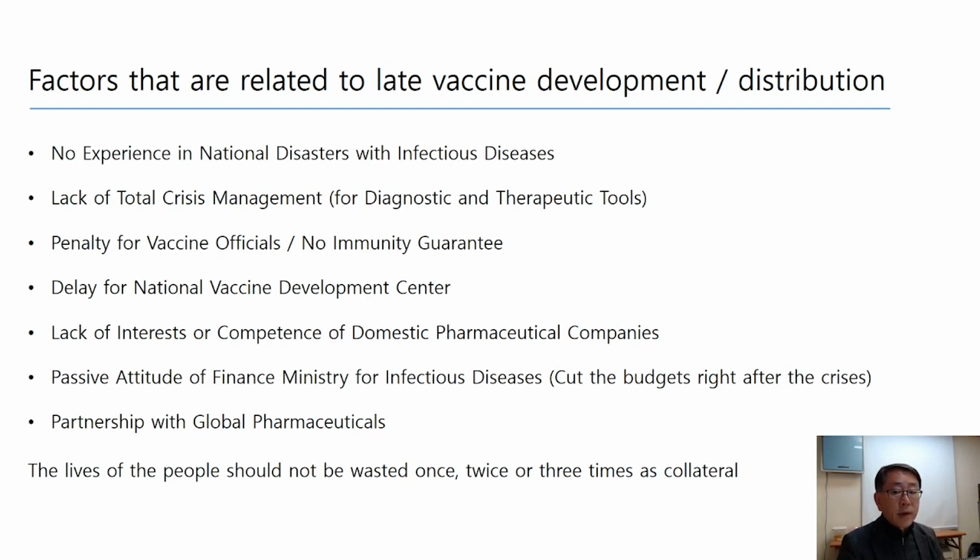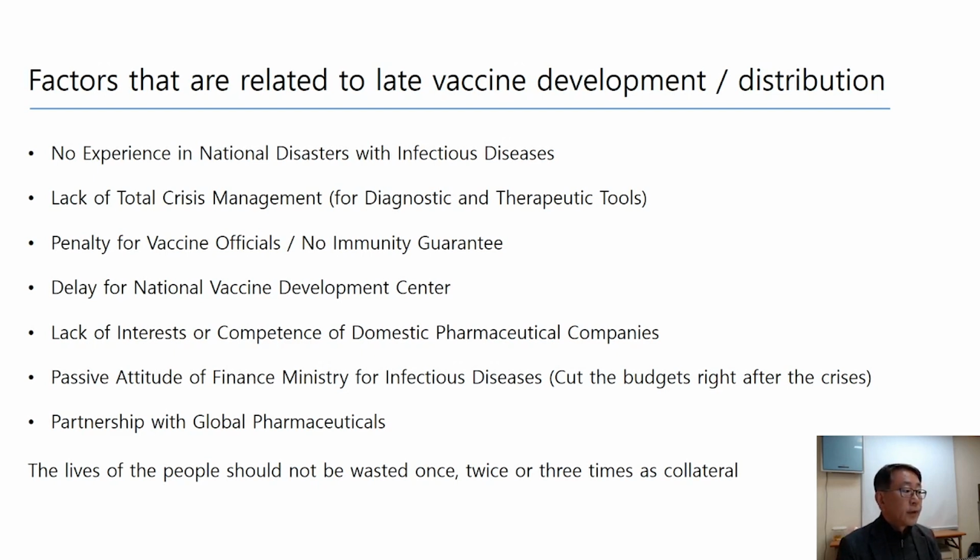So they are very reluctant to be actively engaged with vaccine development or distribution. So there has been no immunity guarantee until recently.